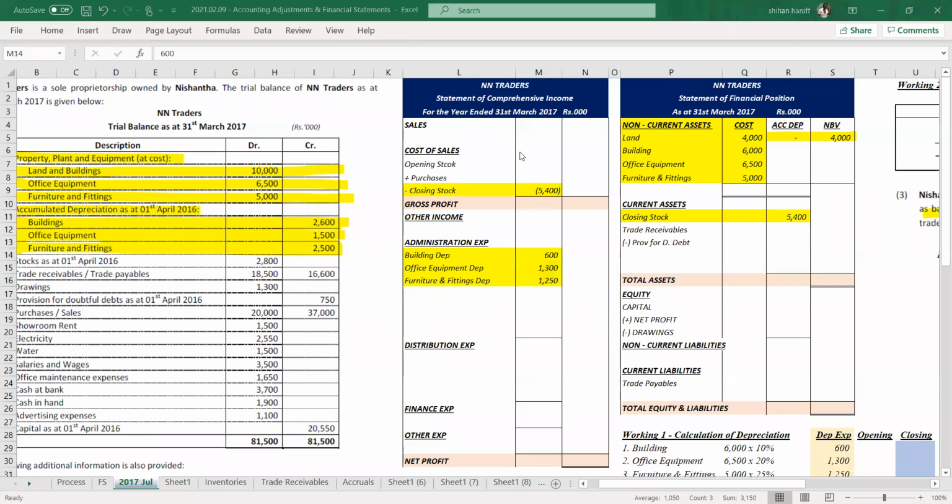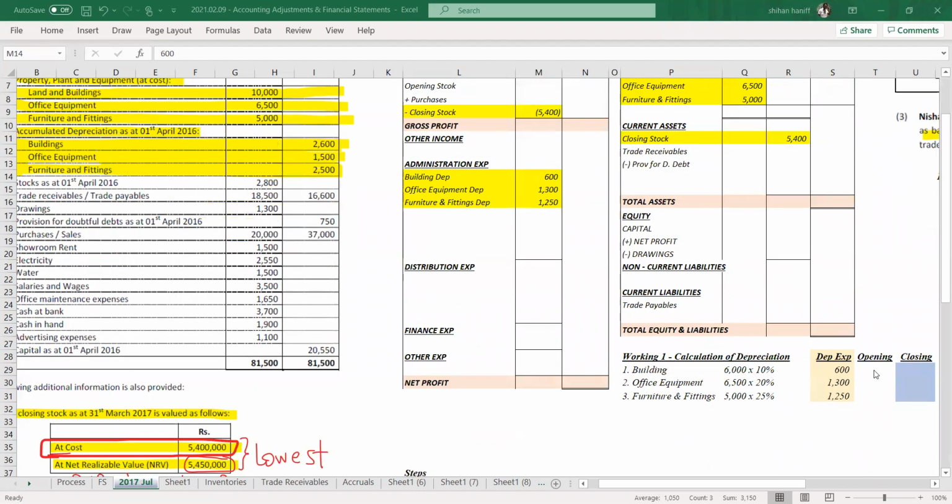Depreciation double entry is depreciation expense account debit, provision for depreciation or accumulated depreciation account credit. Now in working, I have taken opening balance. So opening balances are 2,600 building, 1,500 office equipment, 2,500 furniture and fittings.